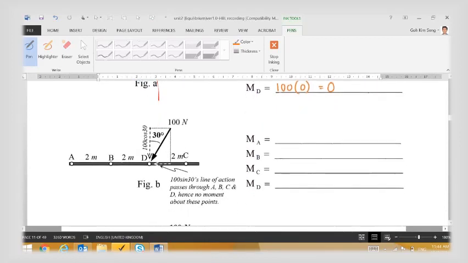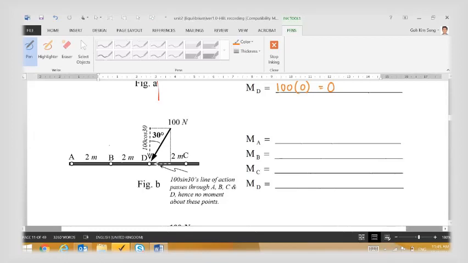In this next example, we are given the 100 Newton force, which is 30 degrees off the vertical. There are two ways to go about doing this problem.